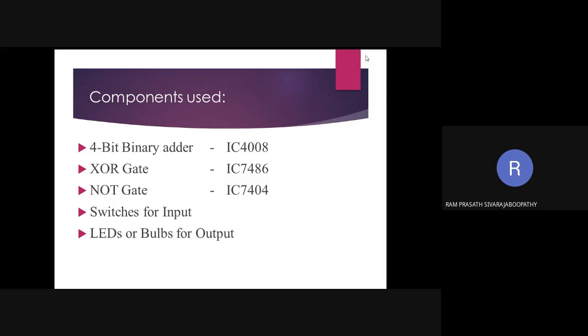You people kindly type what are the things we need. So instead of 4 full adders, we are having an IC 4008. It is going to perform the 4-bit addition operation. Then an XOR gate we need. No need of a NOT gate. Then switches for input, LEDs or bulbs for output.